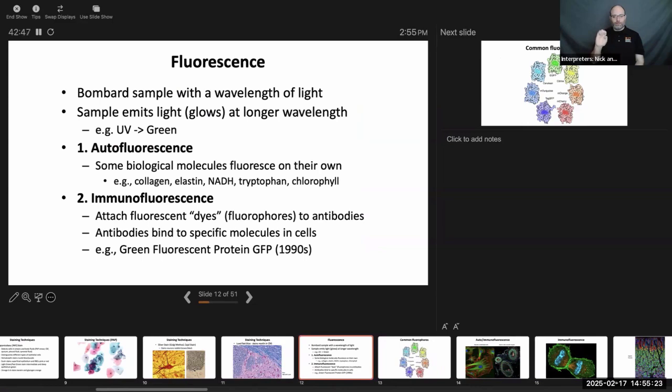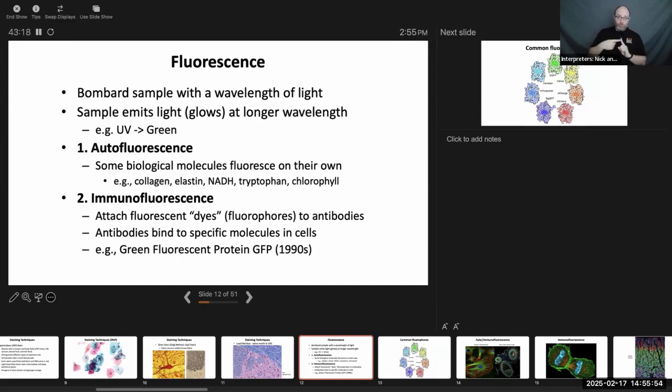So when something fluoresces, what it means is that you are bombarding a sample with light, and that light has a particular wavelength to it. And the sample, whatever it is you're shining it on, the molecules are absorbing that light at a particular wavelength, but then they re-emit light at a different wavelength, always a longer wavelength.